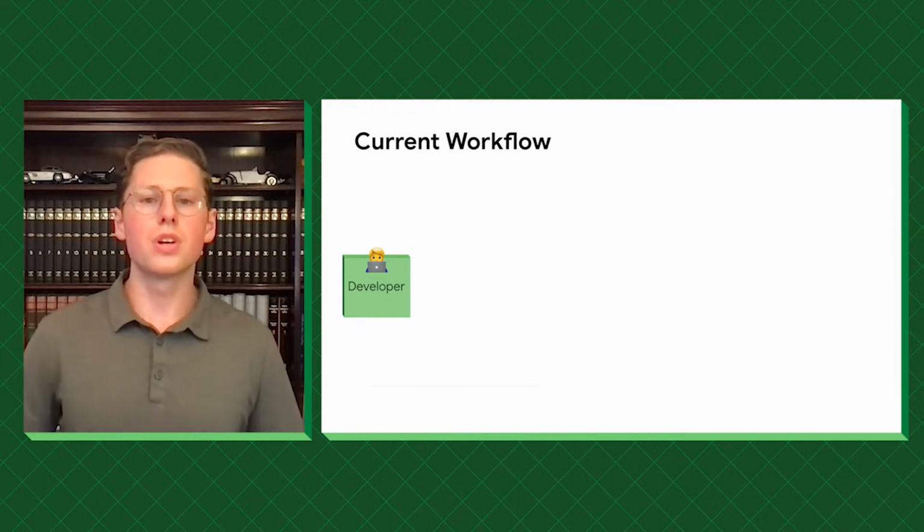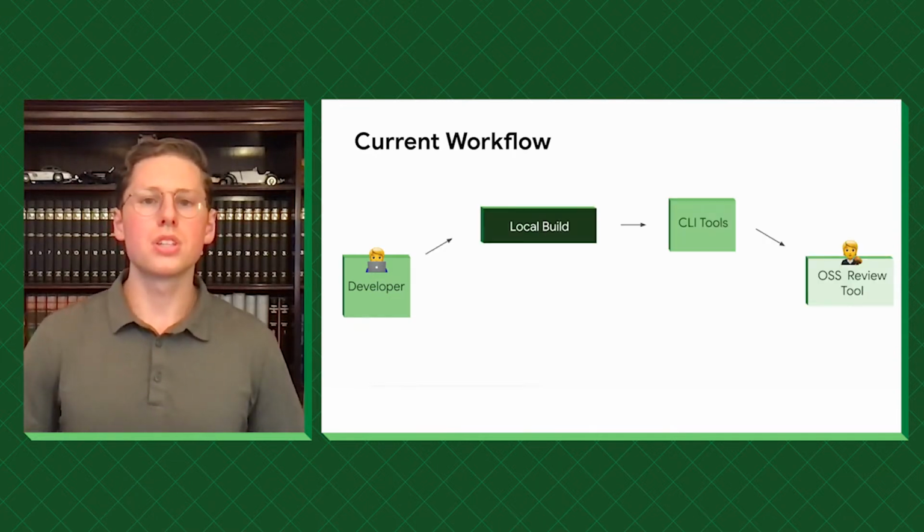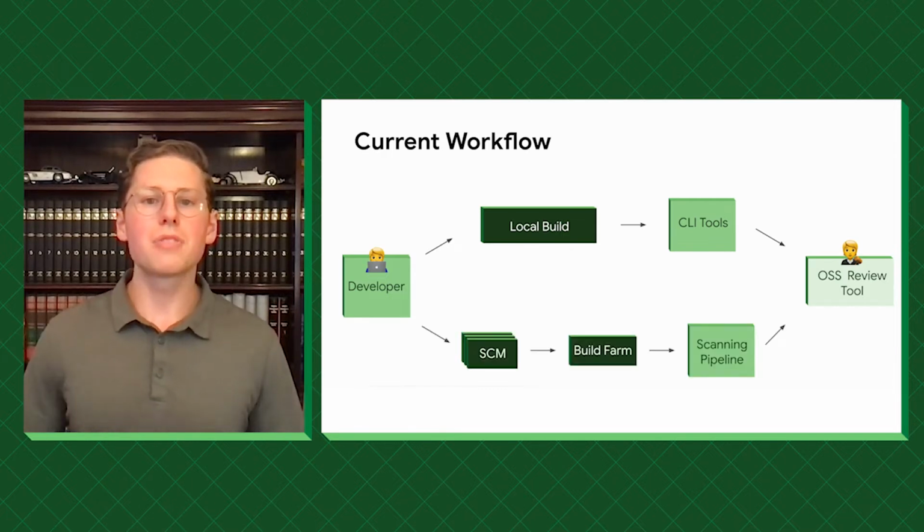In the current workflow, there are two strategies for a developer to gain approval for open source package usage. The first option is for them to run a local build, use a CLI tool to scan for open source software, and use another CLI tool to file tickets to track the open source software. In the second option, a team can set up its own continuous integration pipelines, where after developers check in code, new builds are triggered.